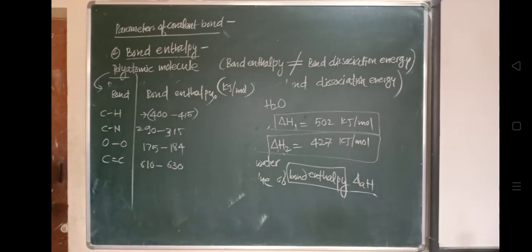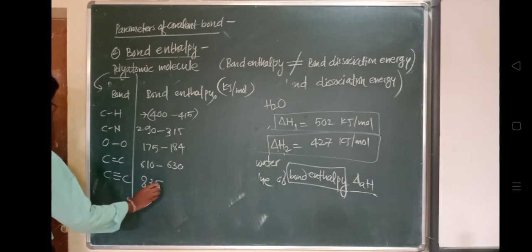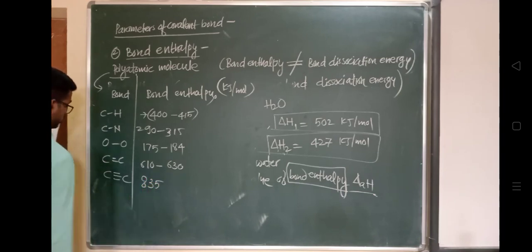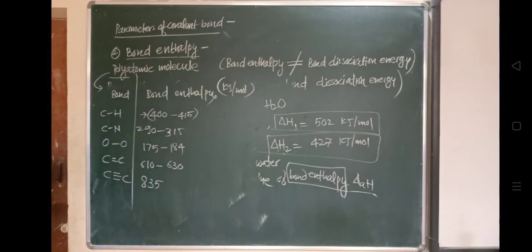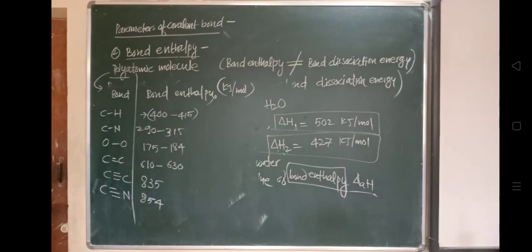In polyatomic molecules, we get successively different values of bond dissociation energies for different steps, so we take the average. But in a diatomic molecule, the bond enthalpy and bond dissociation energy are the same. This is the difference. In tomorrow's lecture we'll see bond length and bond order.